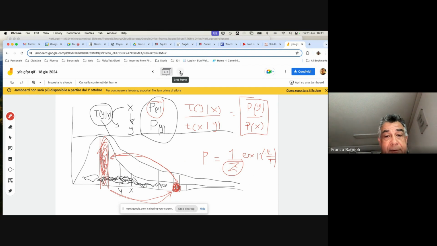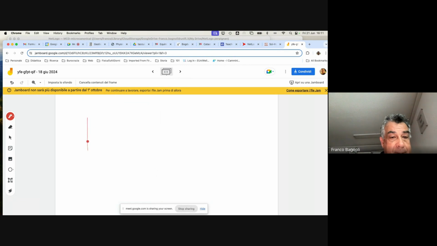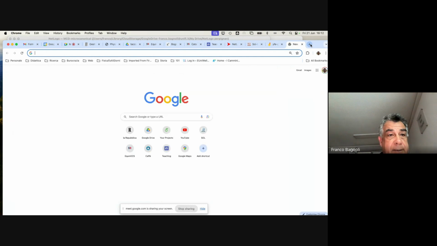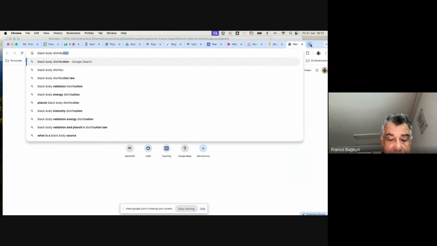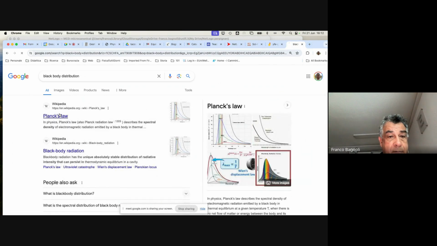So let's try to see if this works. The distribution that we want is, I don't remember the black body spectrum, x to some power, exp of minus x over t, and this is x squared. I don't remember the black body distribution. This one.